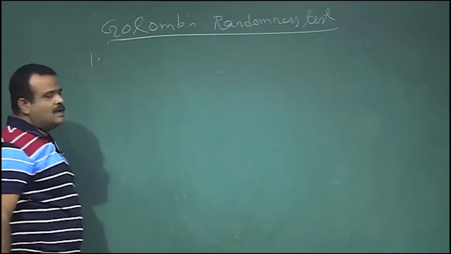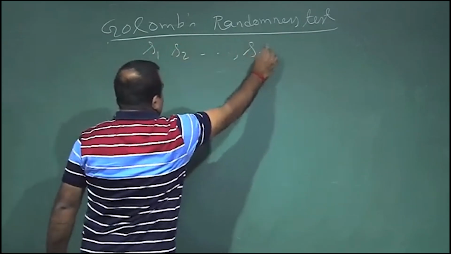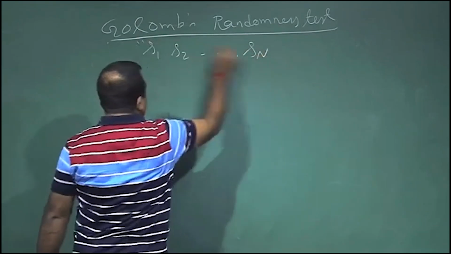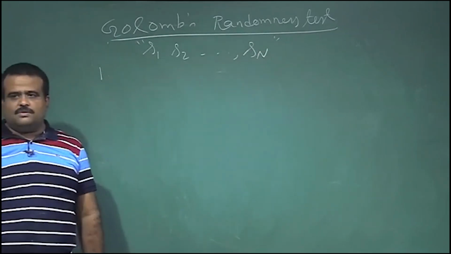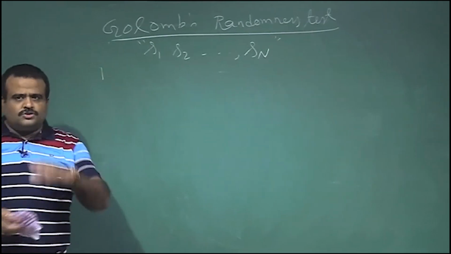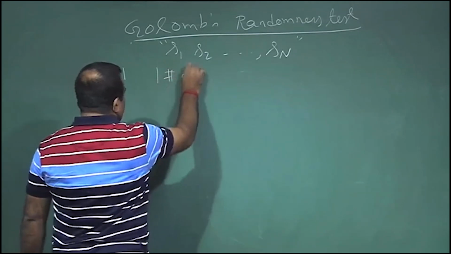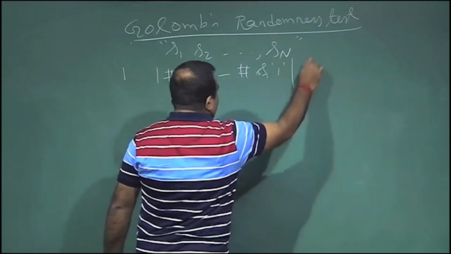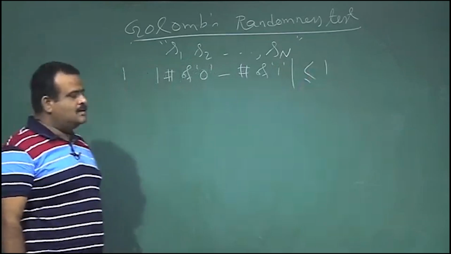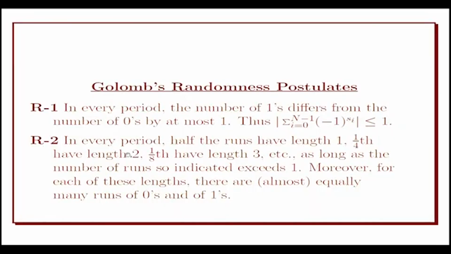First one, we take a sequence s1, s2, ..., sn, a period of a sequence, and it is telling that we count the number of zeros and the number of ones, and they must be almost equal. If they differ, then they differ by 1. So, that means the cardinality of the number of zeros minus the cardinality of the number of ones must be less than or equal to 1. Okay. So, that is the first postulate. In every period the number of 1s differs from the number of 0s by at most 1.